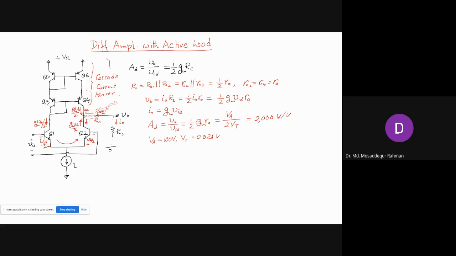Instead of just the basic current mirror, we have the cascode current mirror as the active load. So now what will change is R02, R01 remaining the same. So how much will be R02?